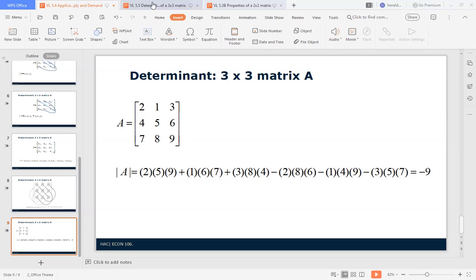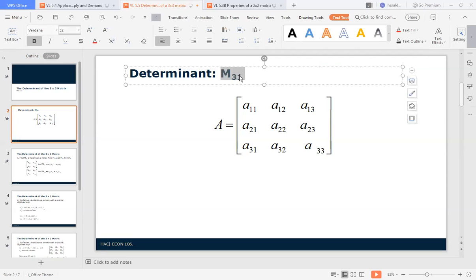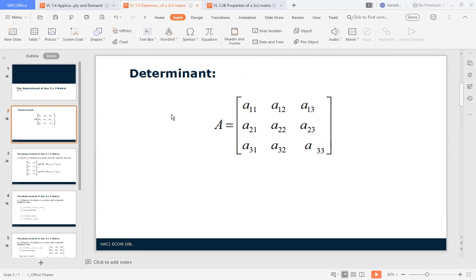So the second method of solving for the determinant of a 3x3 is what we call Laplace expansion. All right, okay, let's first delete this one. Now again, paying attention to every coefficient, or paying attention to the subscript of the coefficient, class, is integral to understanding the cofactors and minors.